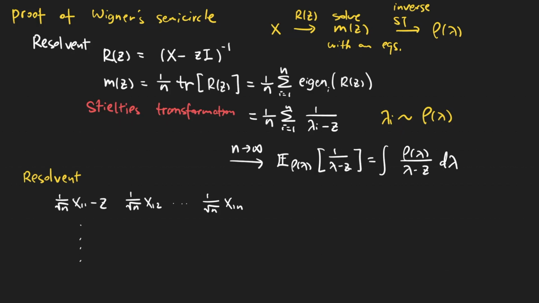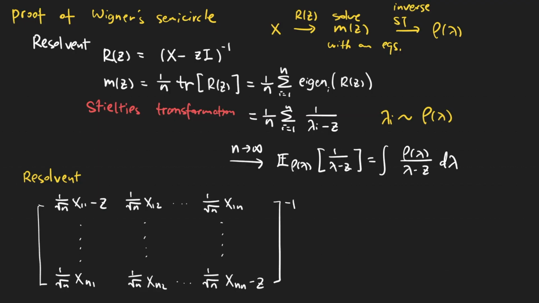I'm not going to write out everything, just the last row, which is 1 over square root of n x_n1, then 1 over square root of n x_n2 to 1 over square root of n x_nn minus z. And then we're going to take the inverse of it.